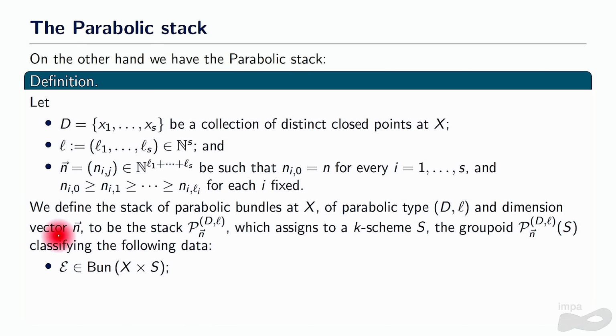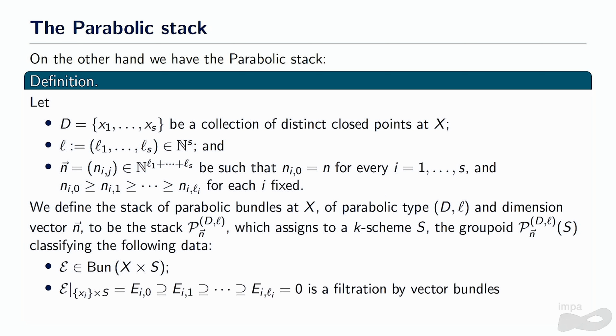So it will be the sheaf of groupoids which sends a K-scheme S to the following: just one vector bundle on X times S, and for each point in this collection, a filtration, a flag of vector bundles on the small xi times S, such that the ranks of these are prescribed by this vector of ranks here.